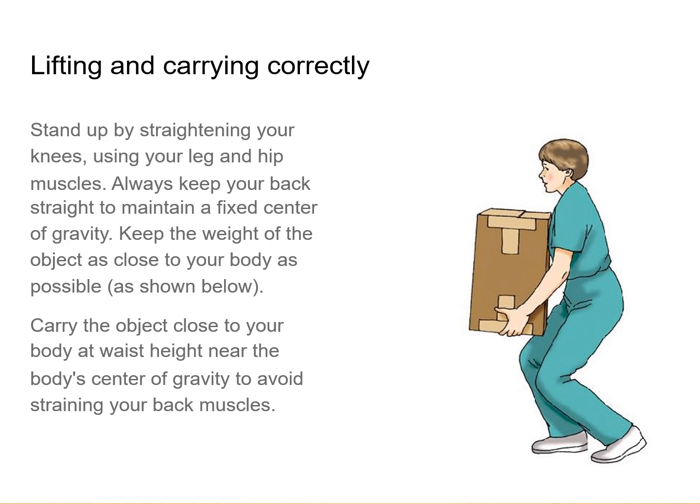You need also to stand up, straightening your knees using your leg and hip muscles. Always keep your back straight to maintain a fixed center of gravity. Keep the weight of the object as close to your body as possible. Then carry the object close to your body at waist height, near the body's center of gravity, to avoid straining your back muscles.